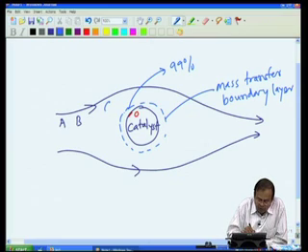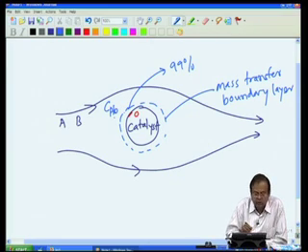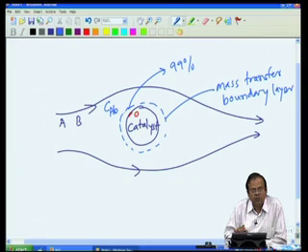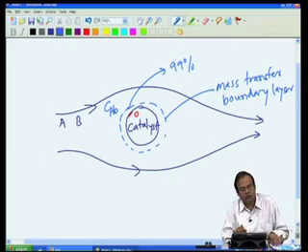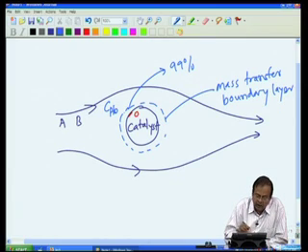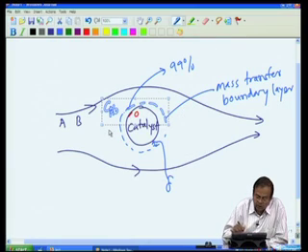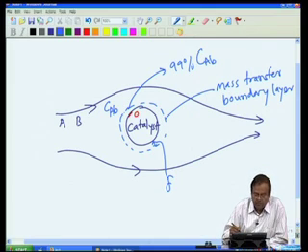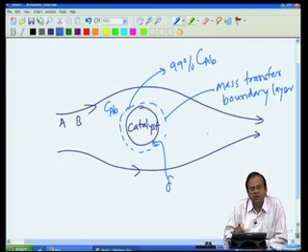that is, if the concentration of A in the bulk is CAB, subscript B to denote that it is a bulk concentration, then the layer has a thickness delta, let us say. So, this thickness is delta, such that at the outside edge of this layer the concentration is 99% of CAB, and at the surface the concentration may be 0 in certain cases, but it is not necessary.